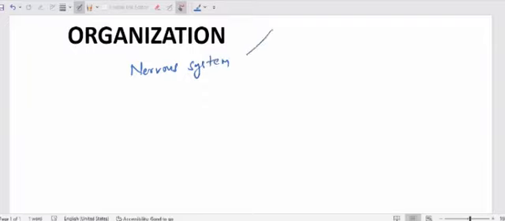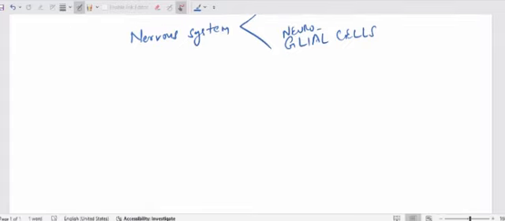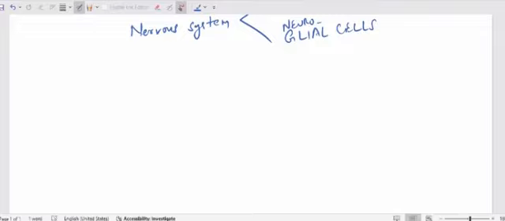It is organized in two types of cells. The first cell is very popularly known as the neuron, and the second type of cell is the neuroglial cells. Can anybody tell me what neuroglial cells are? Anyway, we will discuss later, not today. Today only neuron discussion will be there. What are neuroglial cells? Anyone? Please tell.